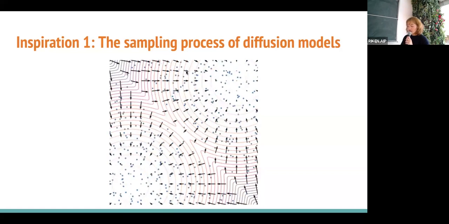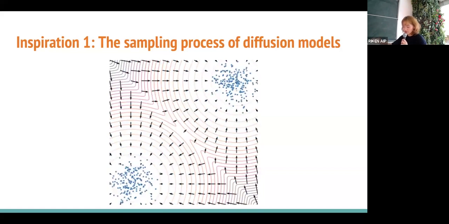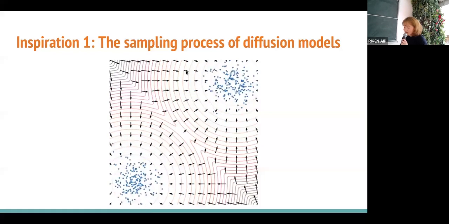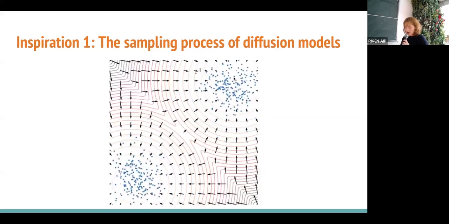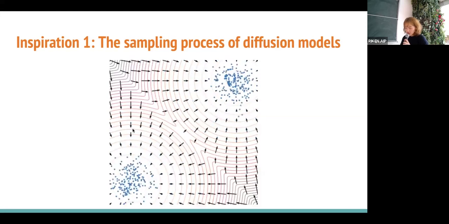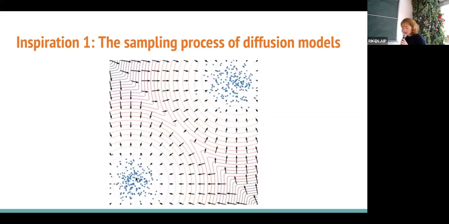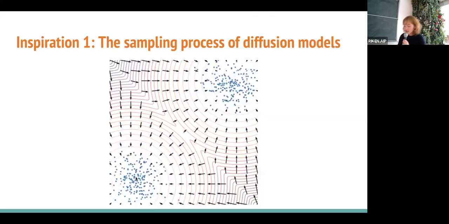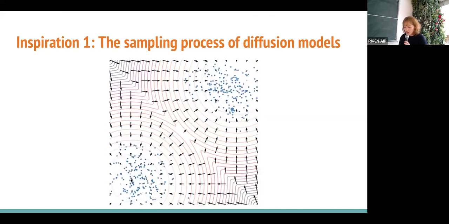Then we just continue with the diffusion process in the middle. Can you guys see my cursor? Highly likely we're going to start from here and then go from here, right? And similarly, if we start from here, we're more likely to go here. So this is a way of controlling which mode in the data distribution I am going to.